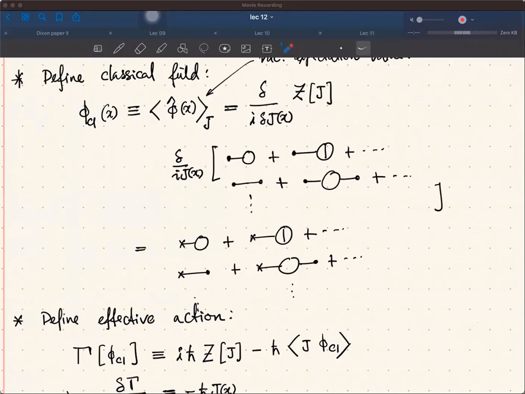But you could actually expand the theory around any classical solution and then calculate Zj and so on, in which case the analog of this contribution at j equal to 0 will not be a constant, but will have a space-time dependent profile.